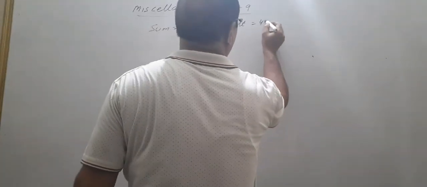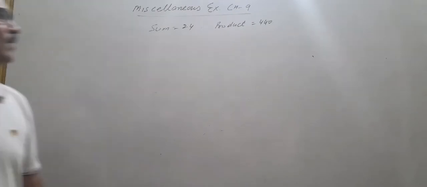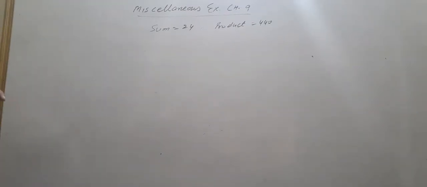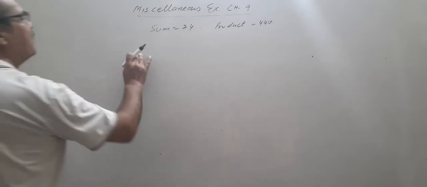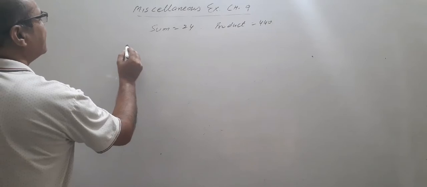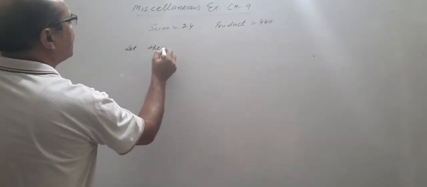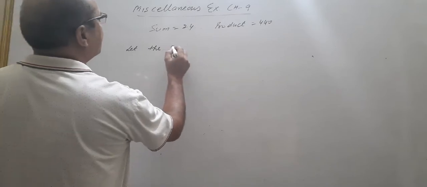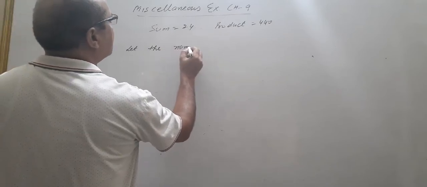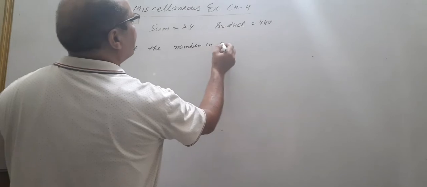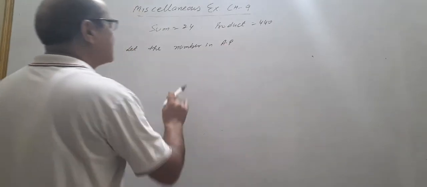Now see, in this problem, as I already told you, if the sum of the numbers is given in AP, then let the three numbers in AP be taken as follows.